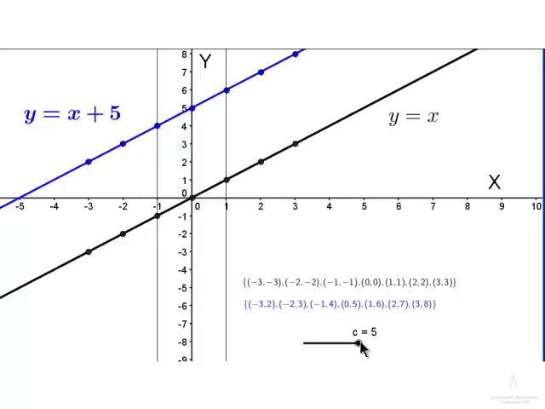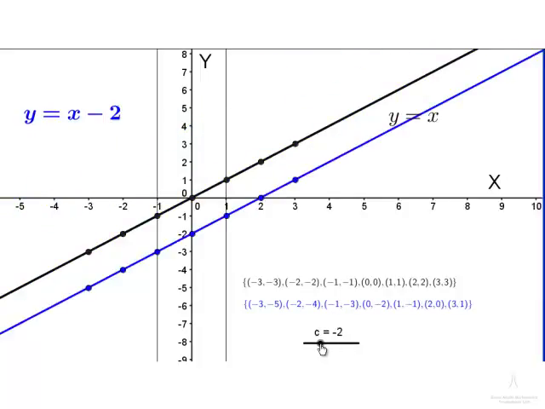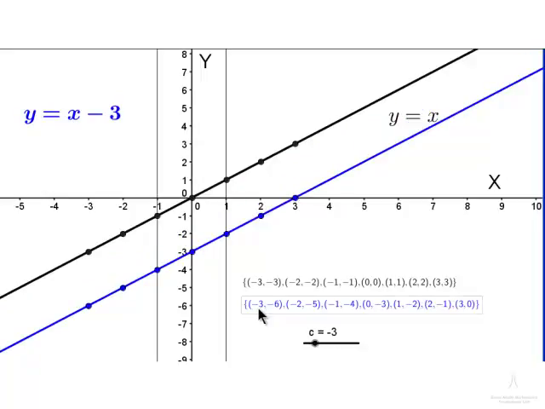Let me also move it so that we can have a negative slider value. Let's say minus 3. Leave it there for you.